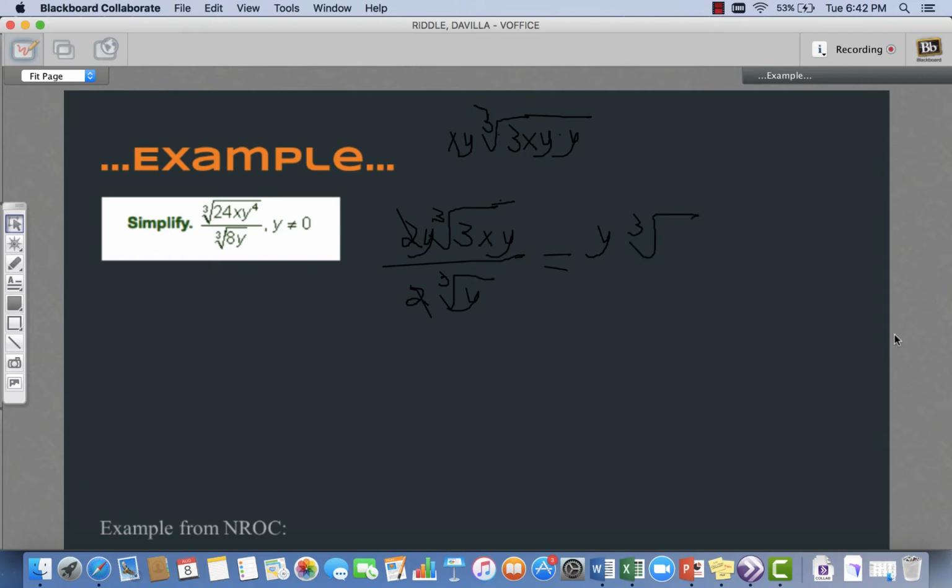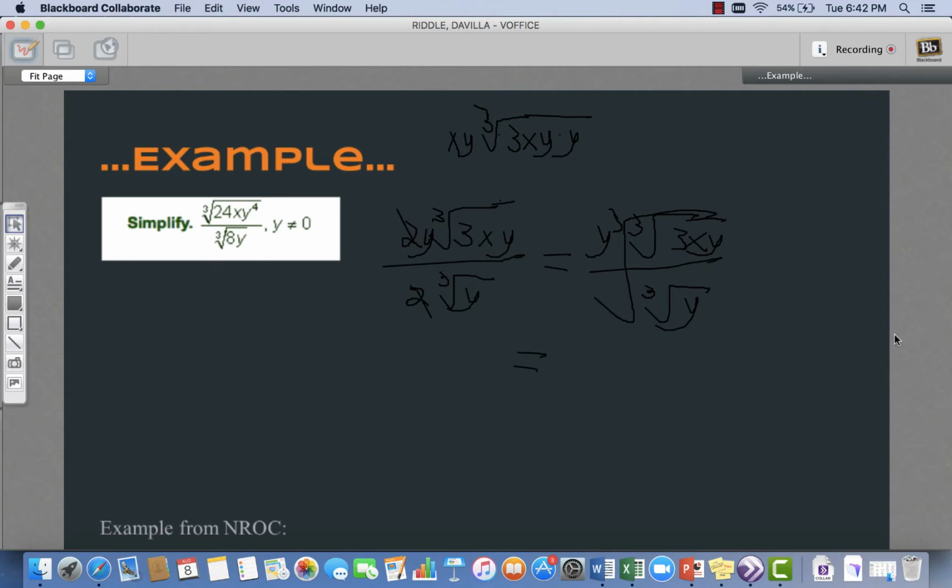But we're not really done here. This doesn't happen too often, but we can actually cancel this out even further. This is where I'm going to talk about the second method. What would happen is, if the roots are the same, for example, if they're both square roots or cube roots right here, you can combine them into one full cube root and turn it into a fraction like such.